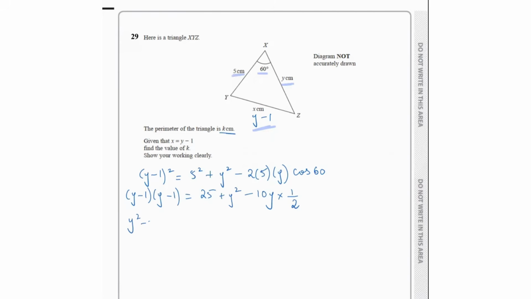This is y squared minus 2y plus 1. Then 10y divided by 2 is 5y. Now we bring everything to one side and collect the like terms.